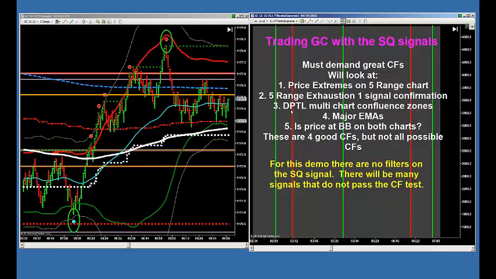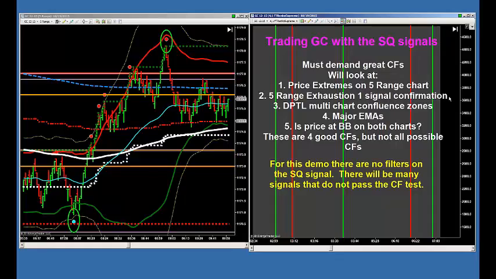But there are 5 things we'll look at. There's more than 5 confirming factors, but I just thought I'd focus on these 5. The first is price extremes on the 5-range chart, and the second is the 5-range exhaustion 1 signal confirmation. One of the things I look for in my trading is to get completely different things agreeing, whether it be multiple DPTLs from completely different chart types agreeing, or an indicator that's calculated completely differently.